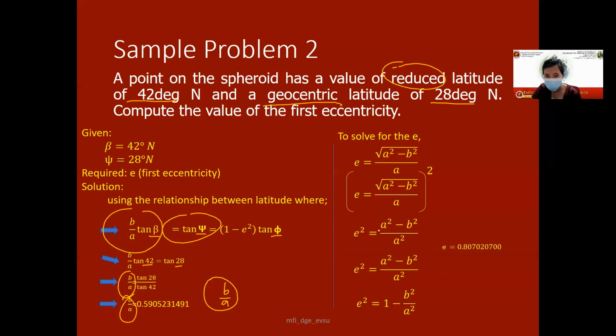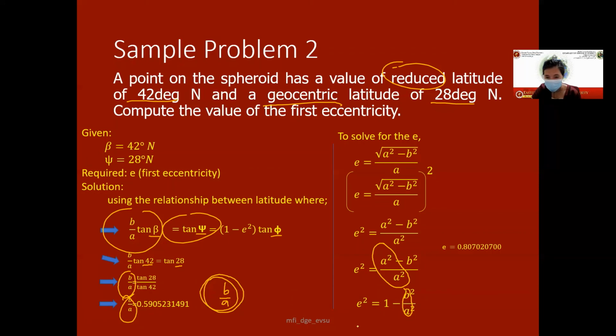Then we can make this e squared equal to 1 minus b squared over a squared. Since this is b over a, and we already have the value of b over a, we just substitute and take the square.